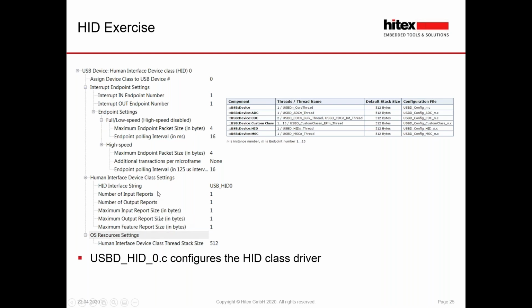So here we're creating a single report for input and output, and in both cases we're just transferring a single byte to and from the host. And again, we have one thread for the core and then one thread for HID. We need to remember that the threads that are created will take a K of memory.